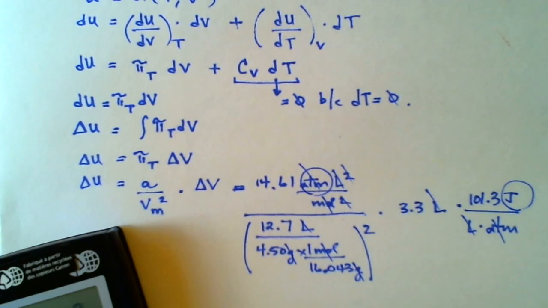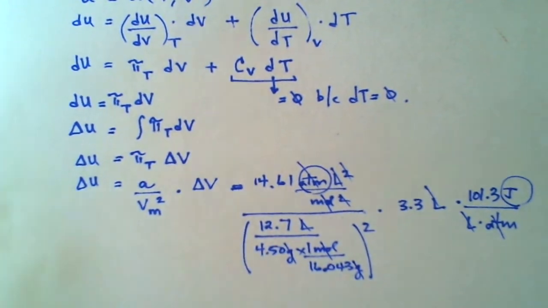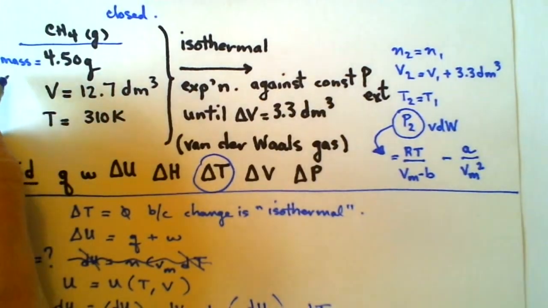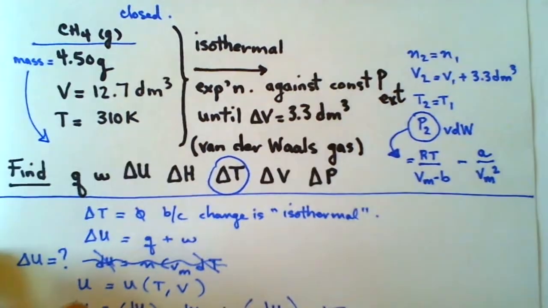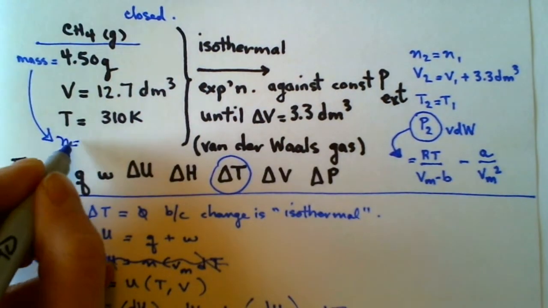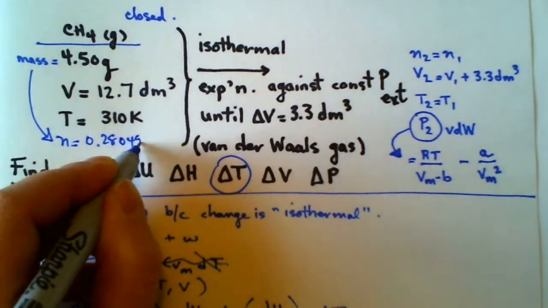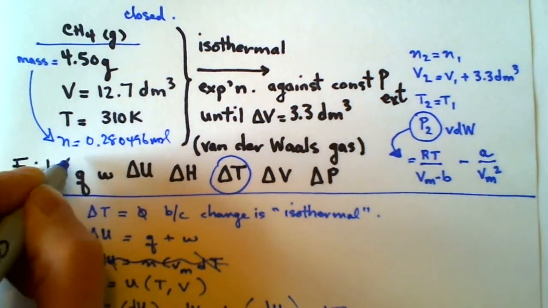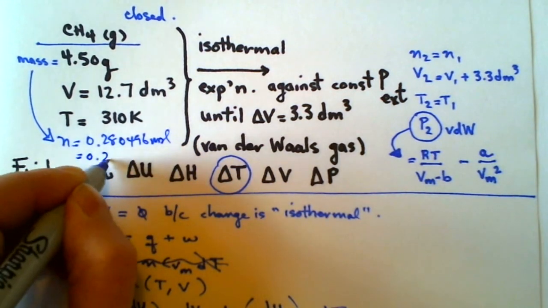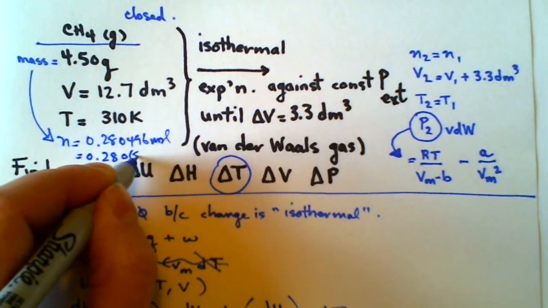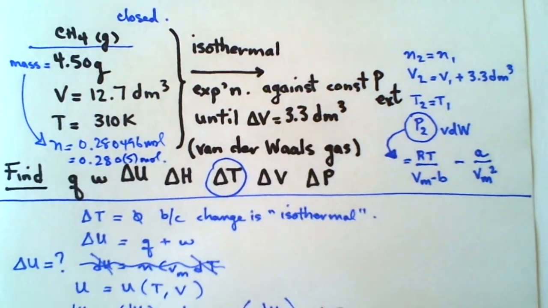So I'm just going to double check that. So the number of moles, I'm just going to add that to the top. Number of moles is 0.280496. So 0.280, and then I put the 5.